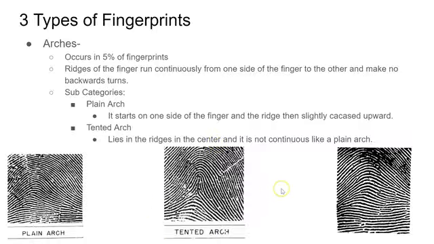A tented arch has ridges in the center and is not continuous like a plain arch. So you can see that these arches are a little bit disjointed. They're not continuous, but they climb into the center and then kind of stop. And it's a little bit more peaked than the plain arch.